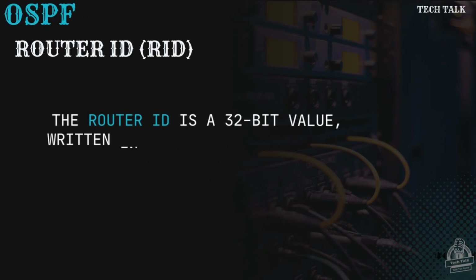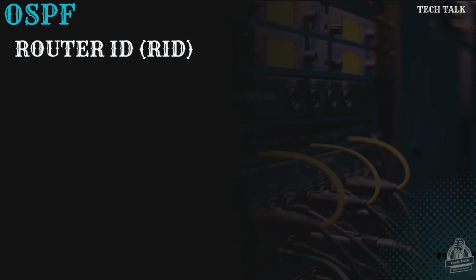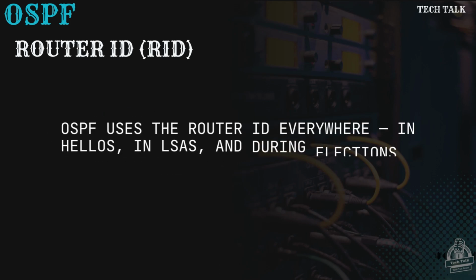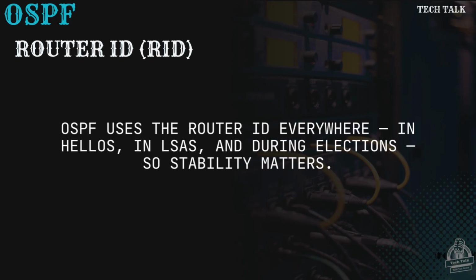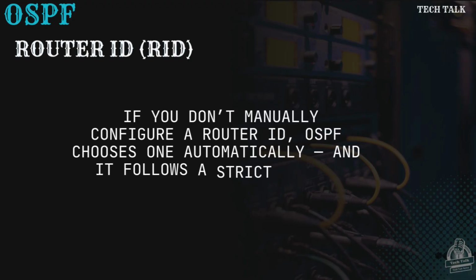The router ID is a 32-bit value, often written in IPv4 format, that uniquely identifies a router inside the OSPF domain. OSPF uses the router ID everywhere, in hellos, in LSAs, and during elections, so stability matters. If you don't manually configure a RID, OSPF chooses one automatically, and it follows a strict order.